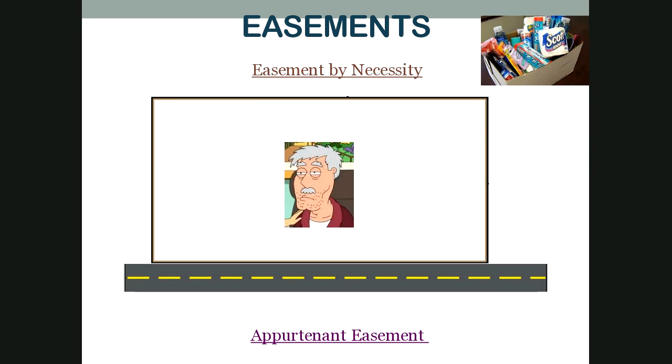Okay, so now, how does an easement by necessity work? Well, let's say we got old Carter Pewterschmidt and he's getting sick. He has some land that he wants to get rid of before he croaks. So he's going to give it to his family.